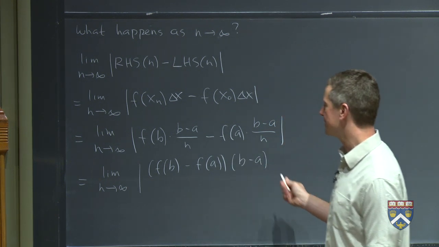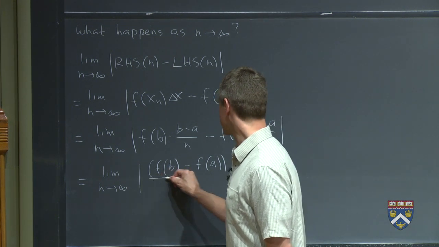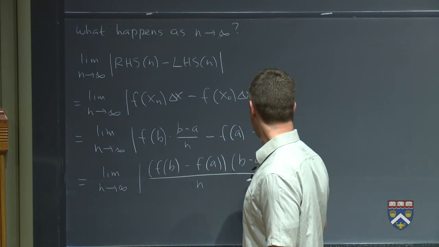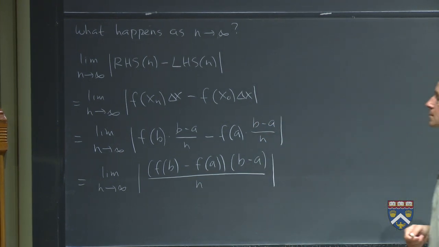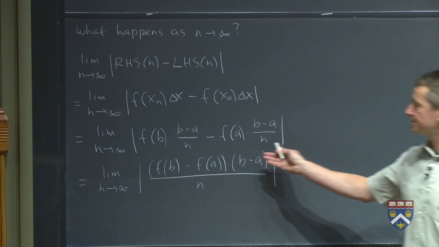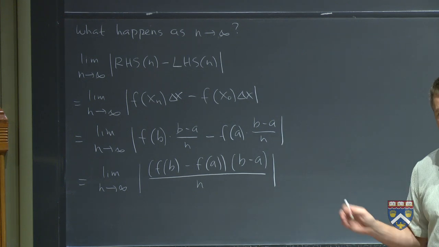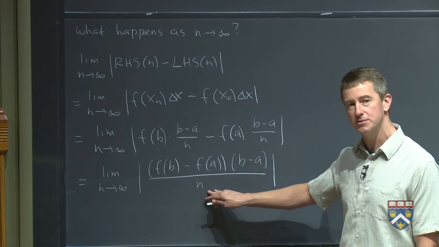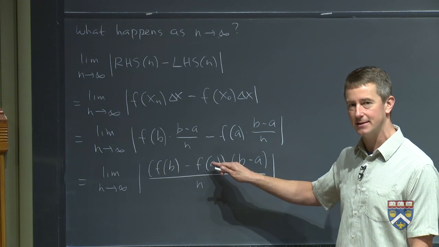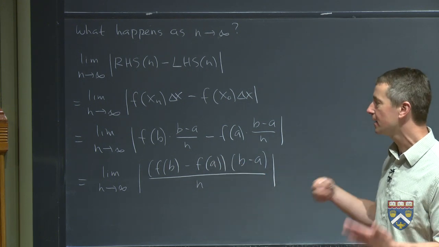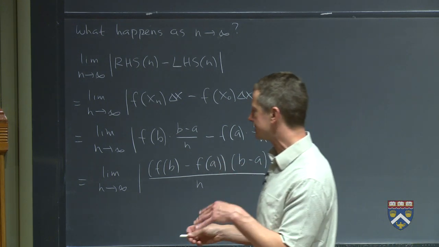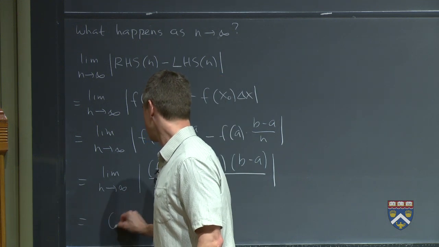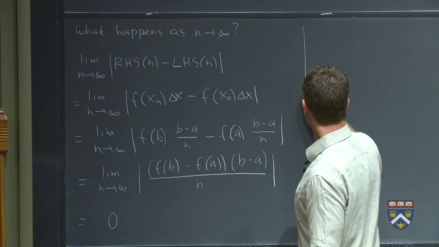So everything in the top of this fraction is a constant, all over n. So whatever the top of this fraction is, it's a number. It could be 6, it could be 6 million. But no matter what it is, it's some fixed constant, and n goes to infinity. And if you take any constant over n, as n goes to infinity, what's this answer going to be? It's going to be exactly what we hope you saw in the applet. It's going to be 0, which is good news.